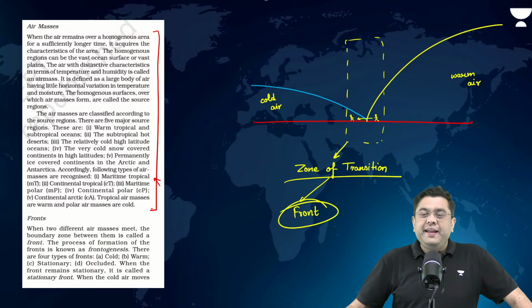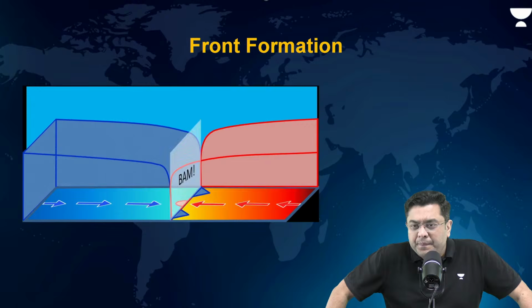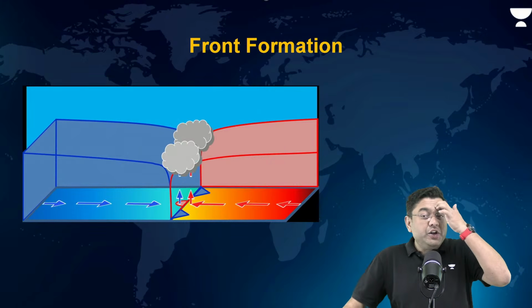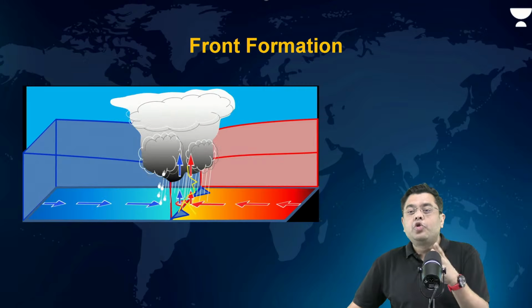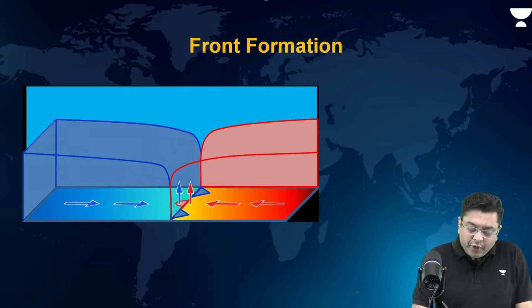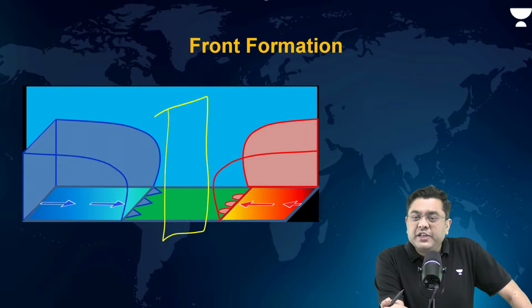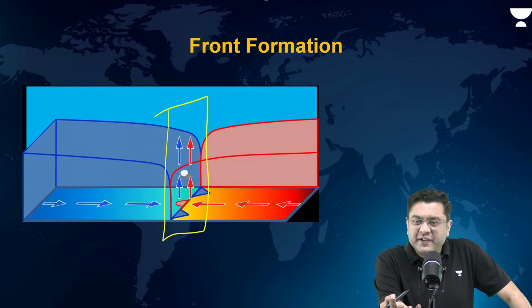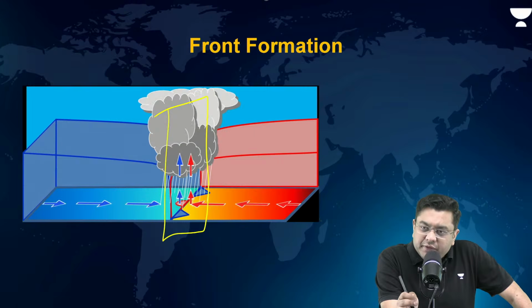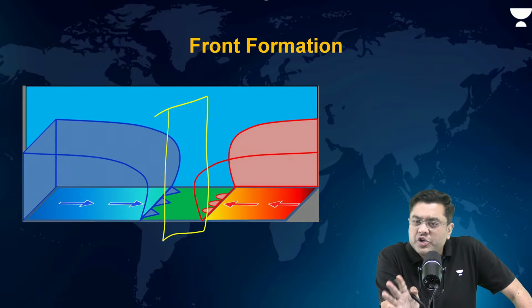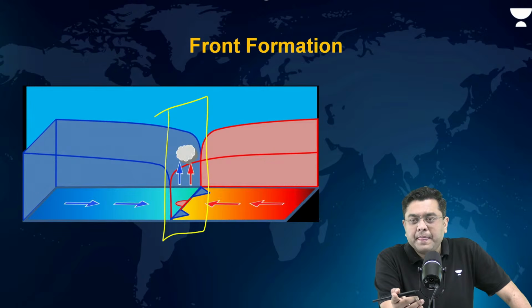Front. It is like a boundary area. Observe this animation: warm air, cold air. This is your zone of transition, where the temperature will change, the moisture content will change, etc. That is the zone of transition, which is referred to as a front.